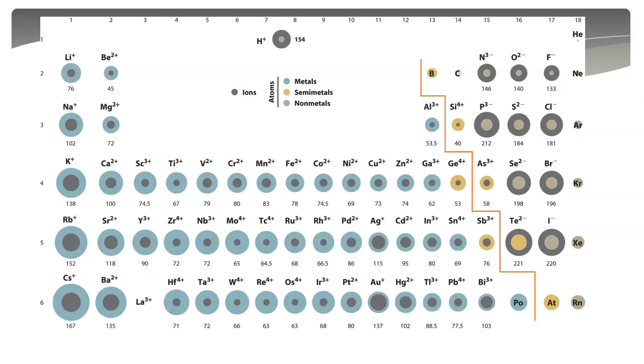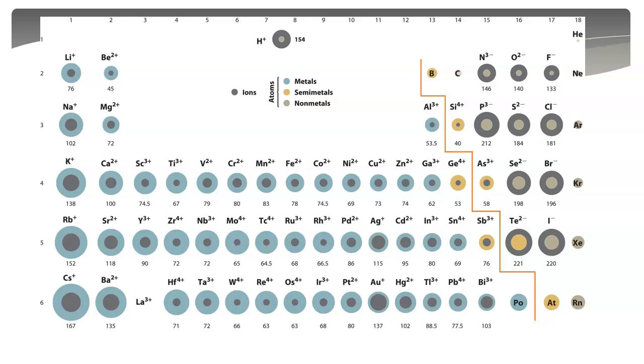This gives you just an idea. The ion radius is in the gray, and then the original is in the color. So this blue is the original for lithium. When it's an ion, it's smaller, and you can see that trend for all of these metals. Some of them have bigger differences than others.